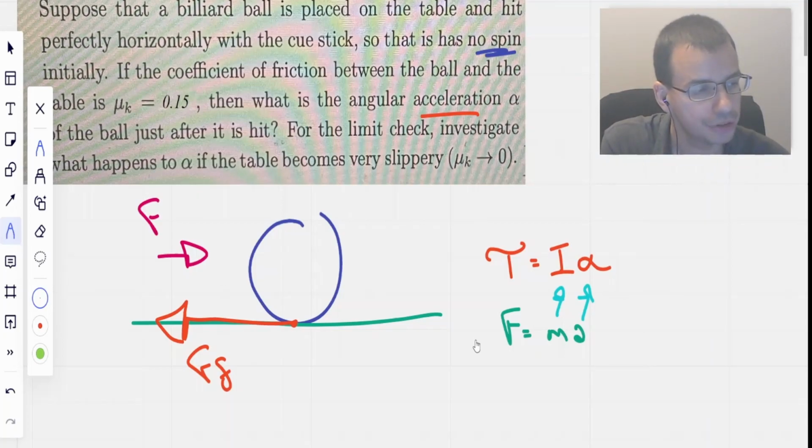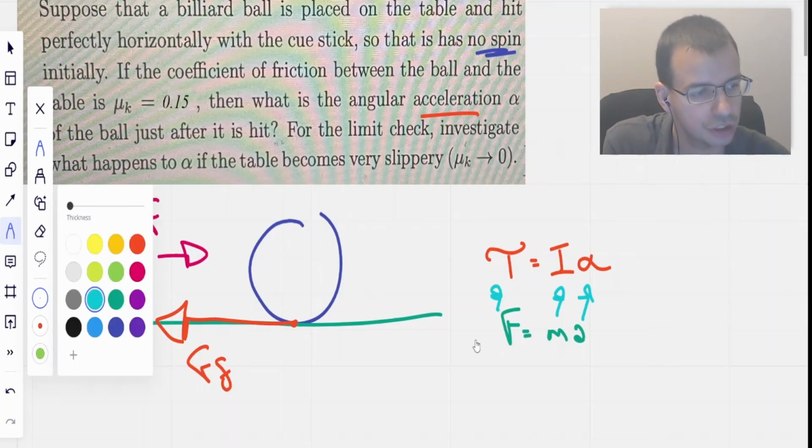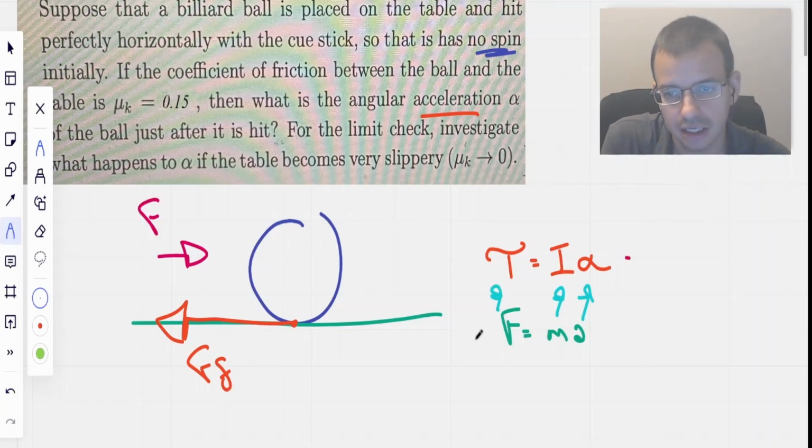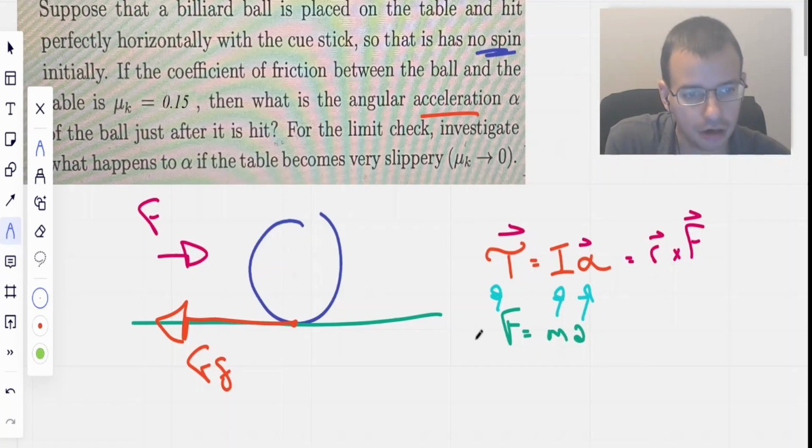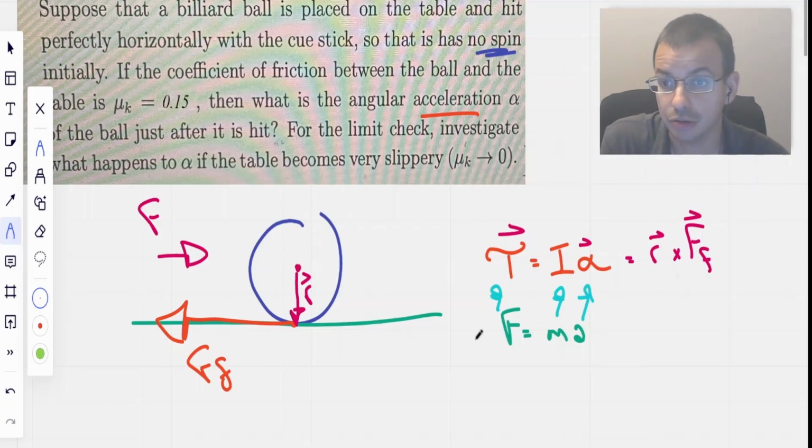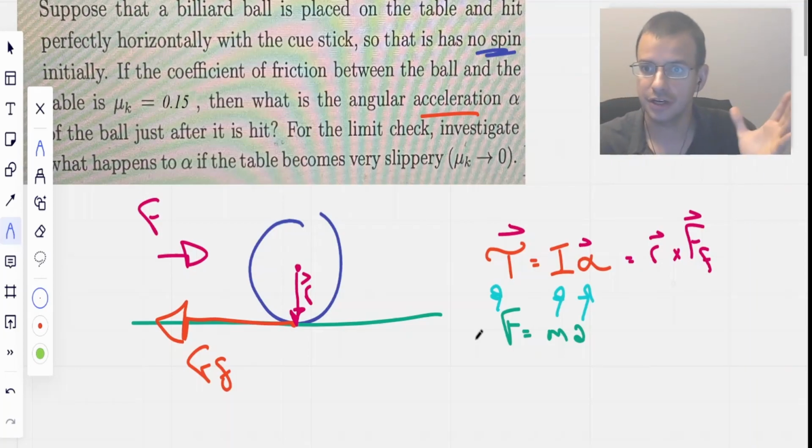So also, torque is the angular equivalent of force, so that is going to be equal to R cross F. And these should all actually probably be vectors. R is going to be the distance from the center of mass to where the force is applied. In this case, it's going to be force friction. And this cross product is a measure of how perpendicular two vectors are.